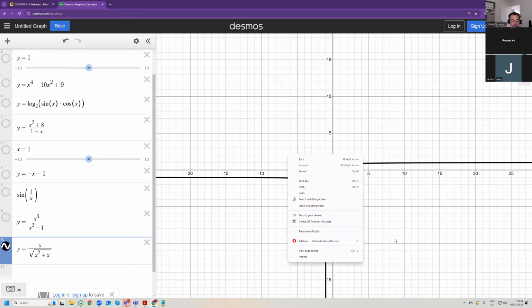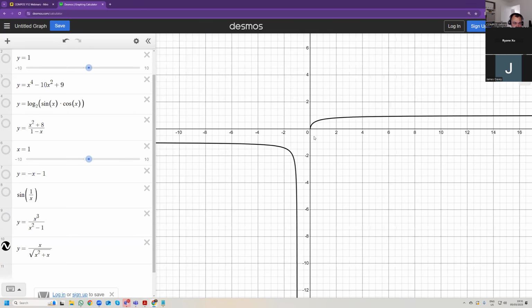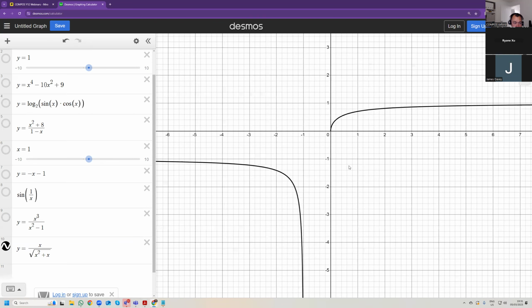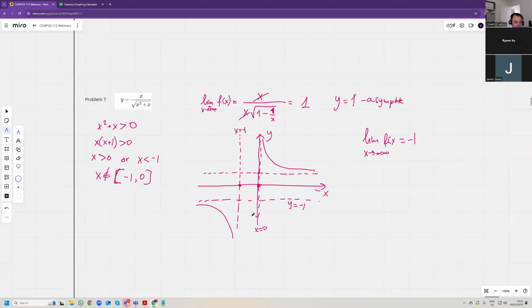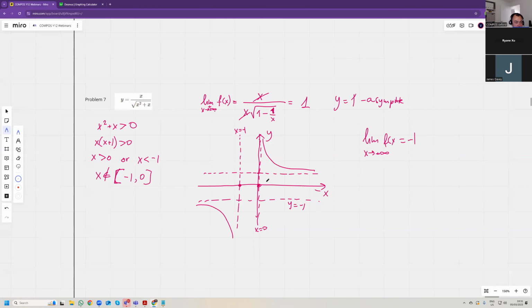Oh, interesting. Okay, so almost right. I haven't done this one correctly. The left side is correct, but the right side is not. So it's actually like this. Okay.